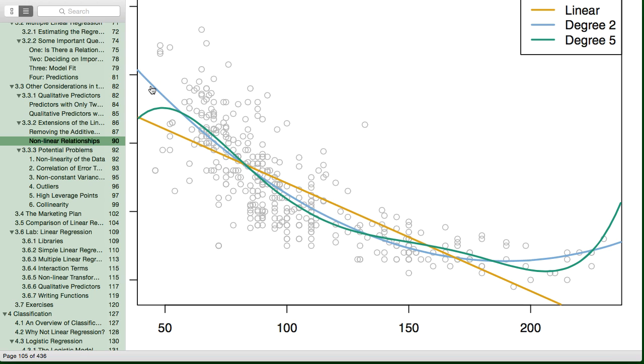Now, one question that the book raises is, if horsepower squared is so great, why don't we add horsepower cubed? Why not add horsepower to the fourth? Let's add horsepower to the fifth. And so they've done exactly that. They've added horsepower squared plus horsepower cubed plus horsepower to the fourth plus horsepower to the fifth and formed this green line, which is clearly an exaggeration.